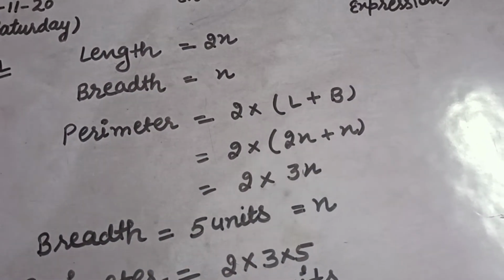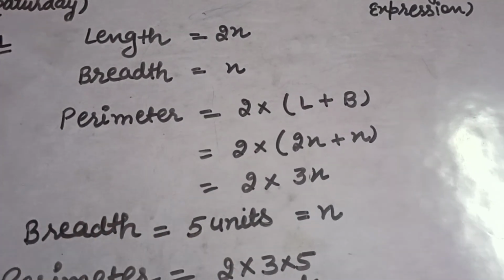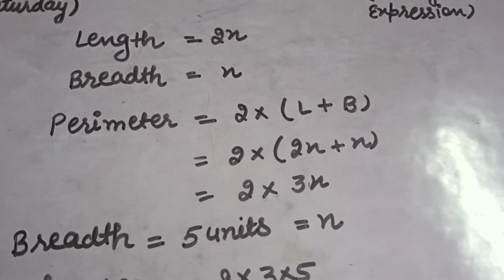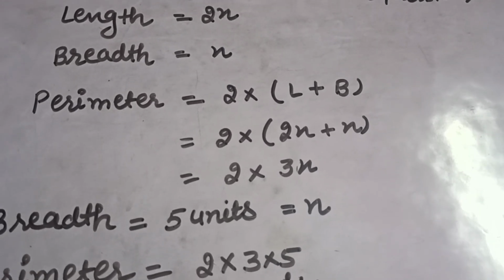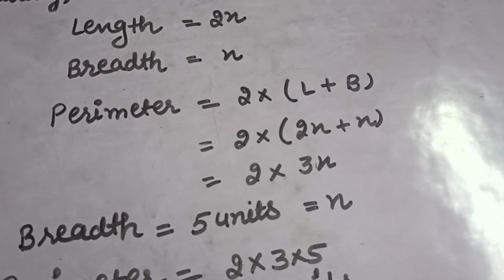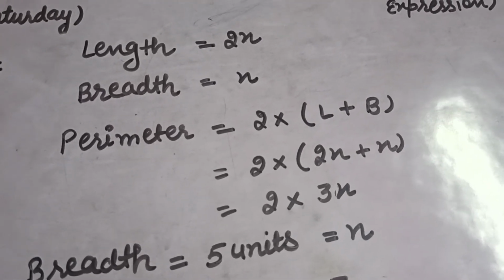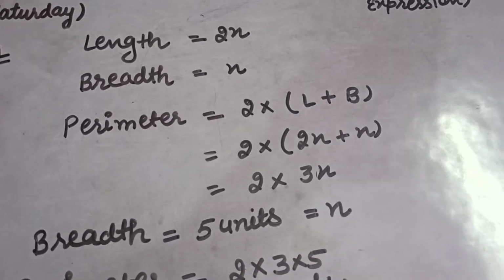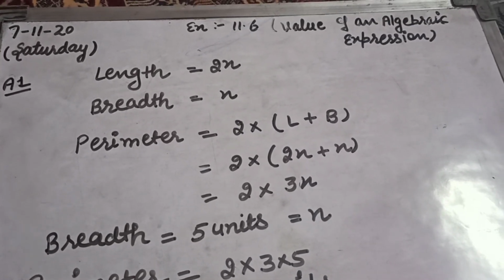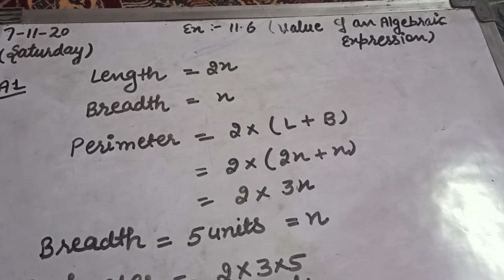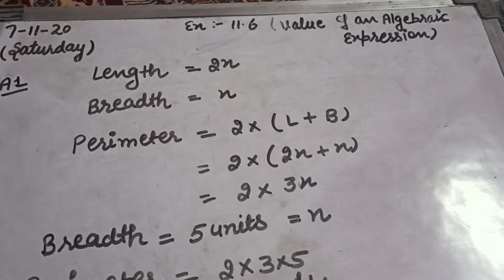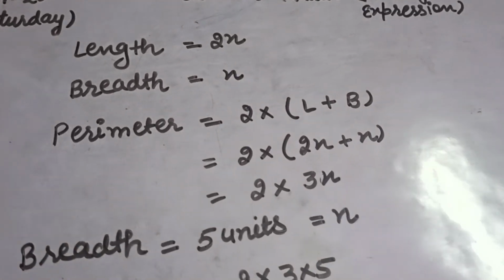Firstly, you will find the expression for the perimeter in terms of breadth. After that, we have to find the value of the perimeter whose breadth is 5 units. Now, come to A2. The A2 question is, the sum of first n natural numbers is found using the formula n bracket n plus 1 by 2. So verify the formula for n equals 5.